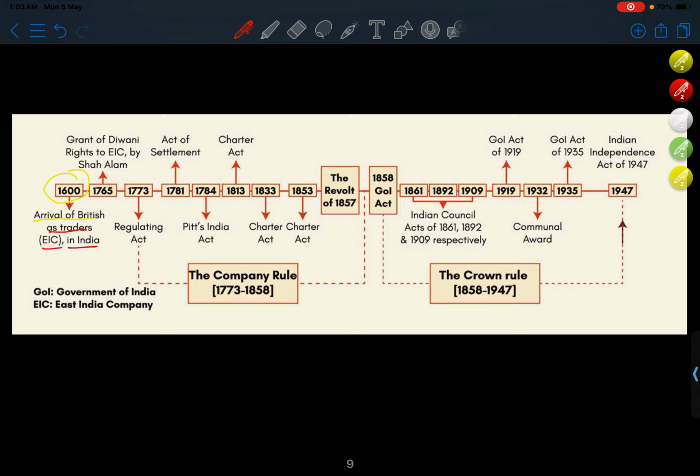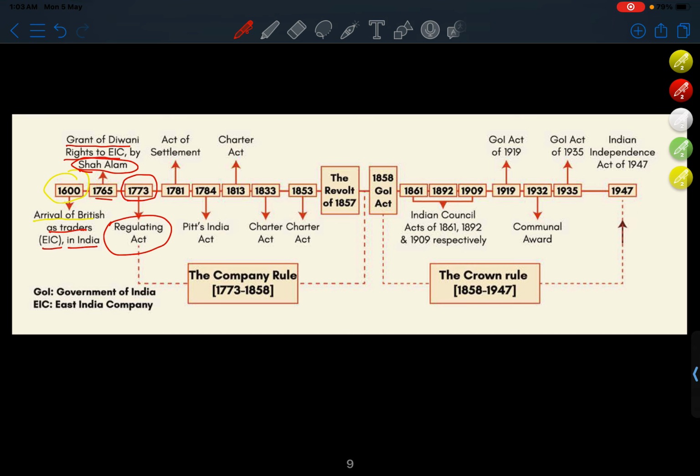Then 1765, grant of Diwani rights to the East India Company by Shah Alam. Next, 1773, the British started doing business in India, and to regulate that business they started formulating some laws.